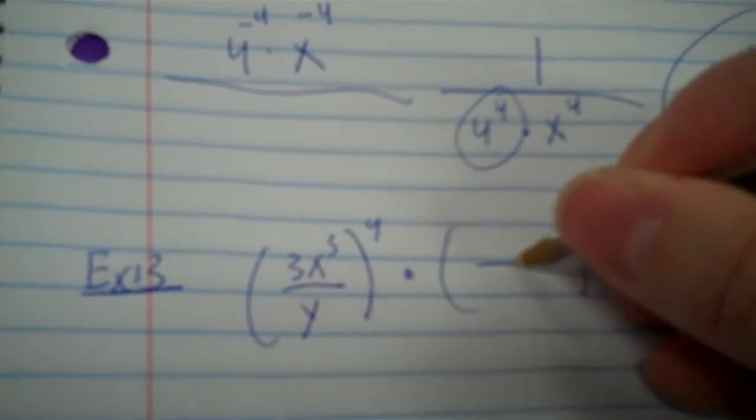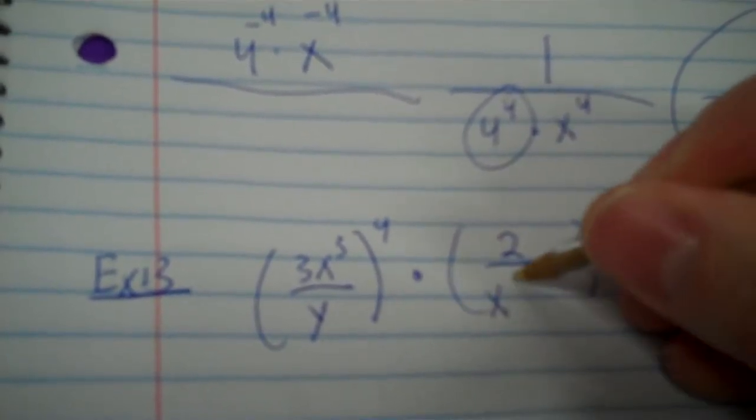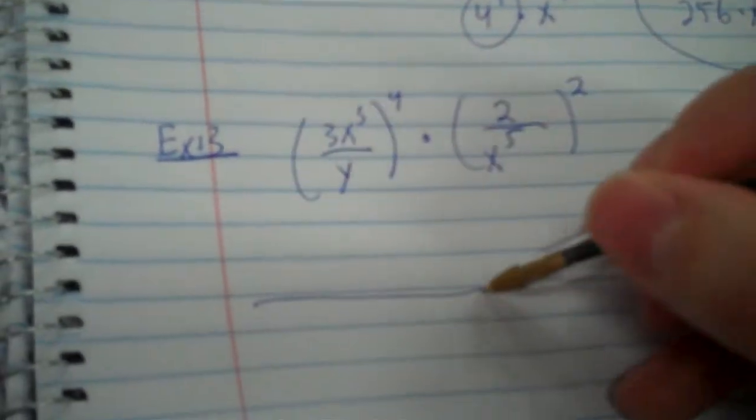Example 3. We've got a parentheses 3x to the third over y, and then a 4th power outside, times another parentheses where there's a fraction inside of 2, and then x to the 5th, and then the second outside. Combine that into one line.